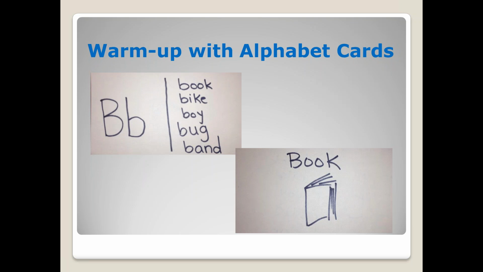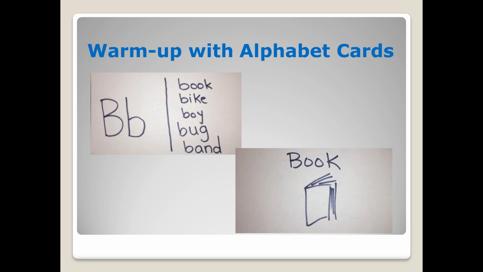So a student says book. Good, book. B, and I'd write the B and then the O, OK on the board. And I have each student make their own individual alphabet card. Then I ask them on the back side to pick one of those words that's going to be sort of their keyword, so that when they come to a word that they don't know, but they see it starts with a B, they will have in their mind B, book, B, and they know where to start.